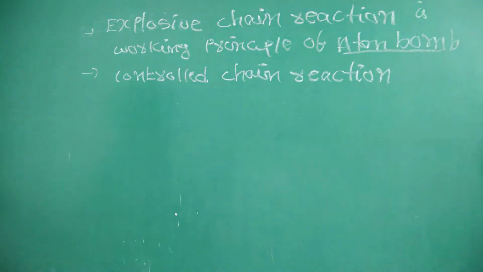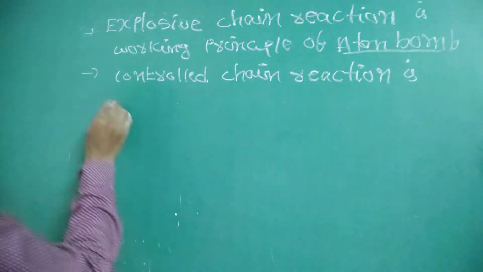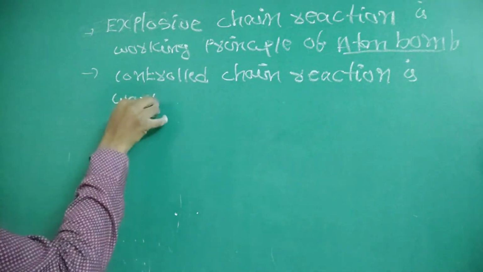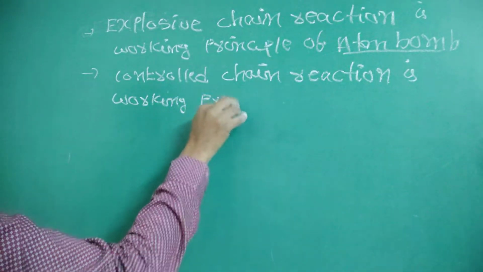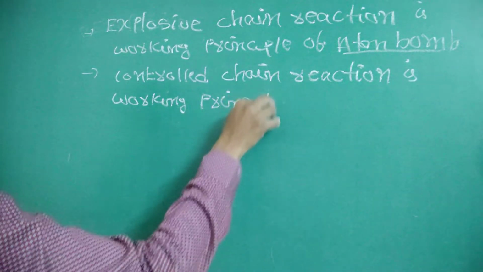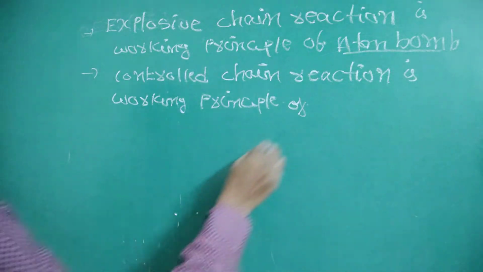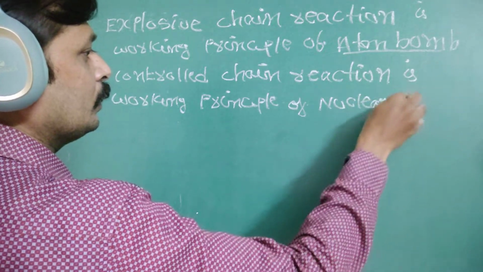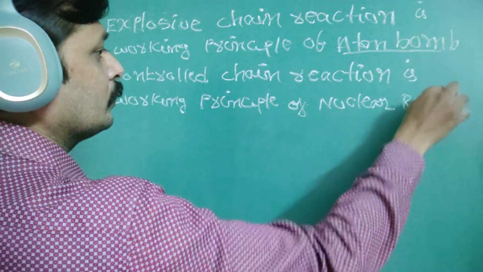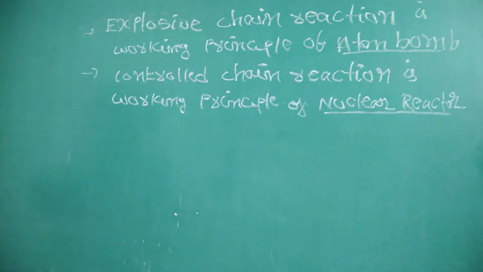Controlled chain reaction is the working principle of the nuclear reactor. Note down those two. Nuclear reactor.